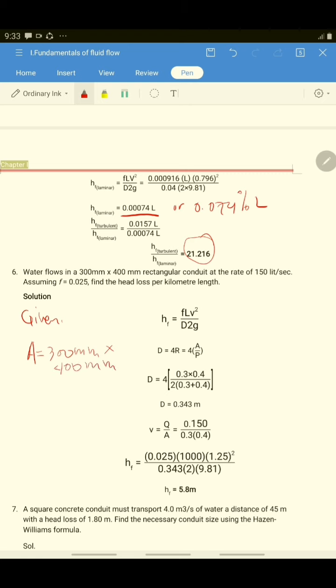The pipe there is in rectangular shape, and Q is 150 liters per second. Assume F is 0.025. So find the head loss per kilometer in length.